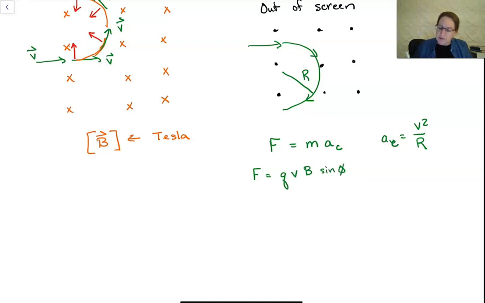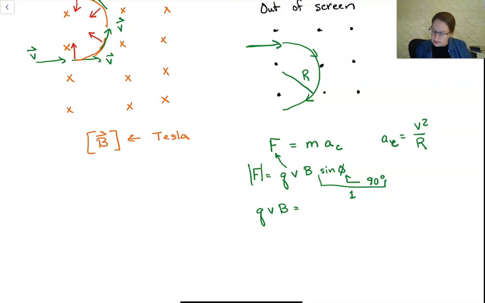In this case, the velocity is in this direction and the magnetic field is into the screen, so this is 90 degrees, and it doesn't change as this curves around; it still stays 90 degrees. So sine of 90 degrees gives us a 1. If we put that in there, that gives us the magnitude.